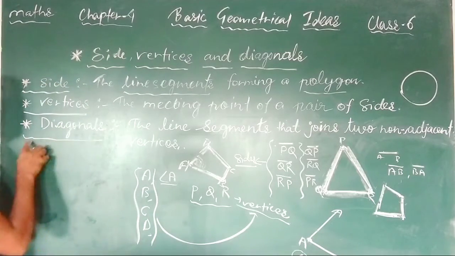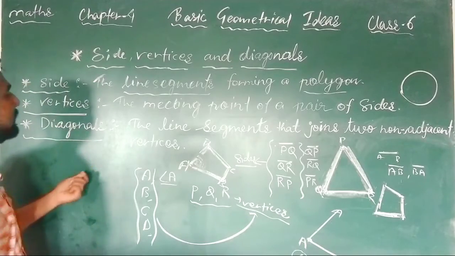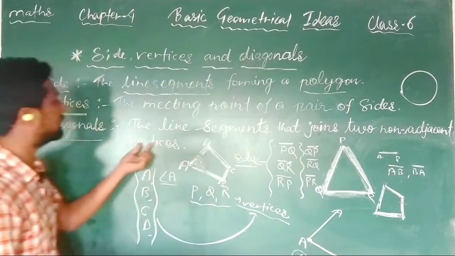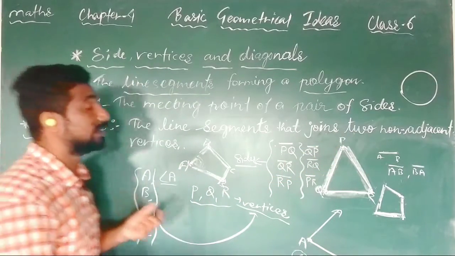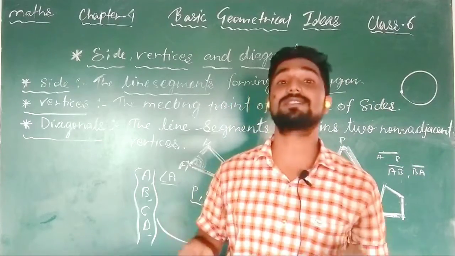Now for the third point, you see, this is what? Diagonals. And what are diagonals? Diagonals are the line segments that join two non-adjacent vertices. Now you see, the term non-adjacent has come. What does non-adjacent mean, and what does adjacent mean?